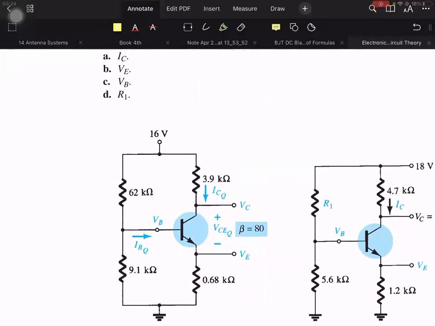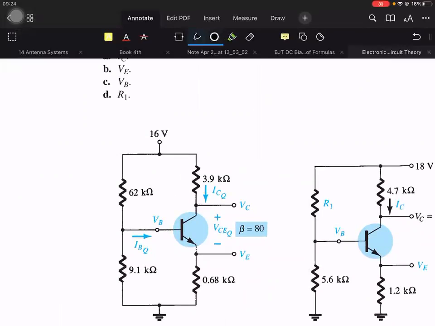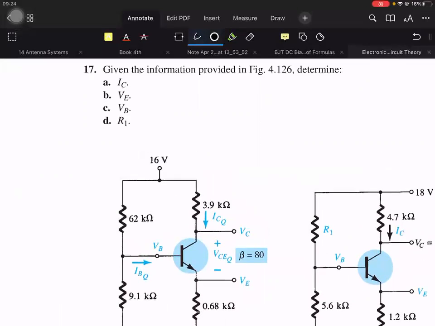Is beta RE greater than or equal to 10 times R2? What's beta? 80.